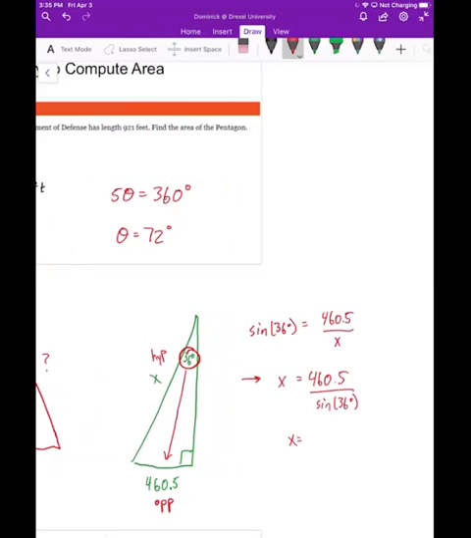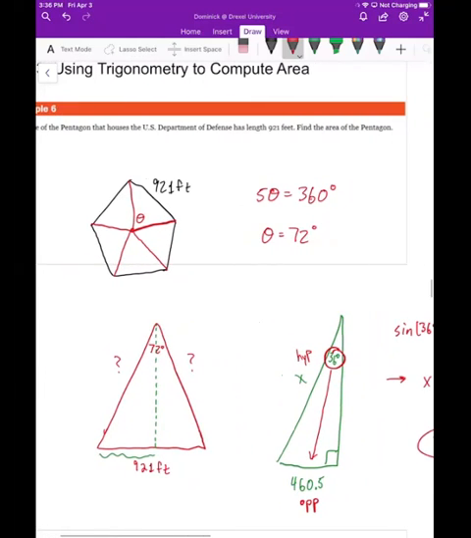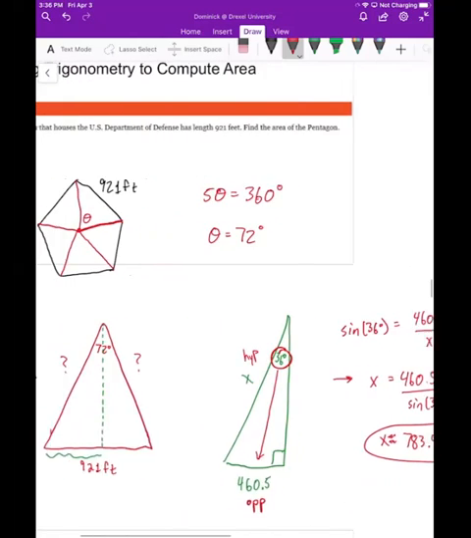So let's see, we get that our x is roughly equal to 783.45. Of course, this is in feet. So that's what this is, 783.45.